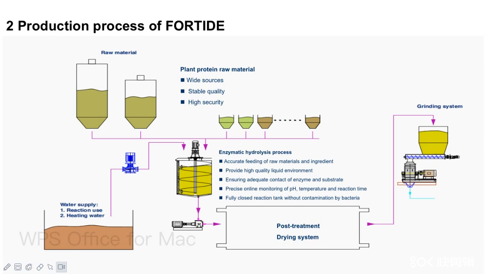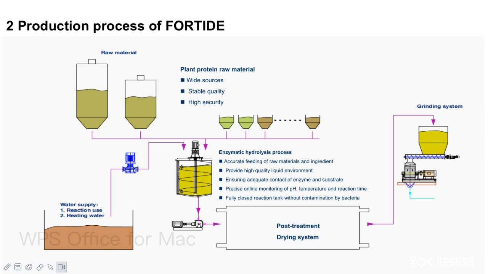The liquid enzymatic system ensures the accurate amount of raw materials and other ingredients and the reaction of the materials in high quality liquid condition, with monitoring of the reaction temperature, pH value, and reaction time. The reaction tanks are fully enclosed without any contamination by bacteria.